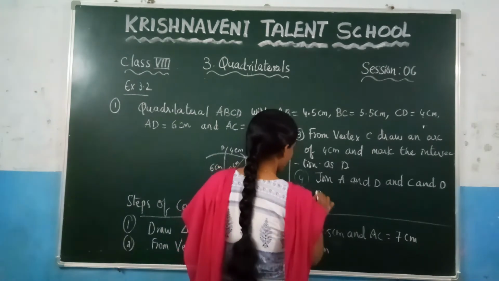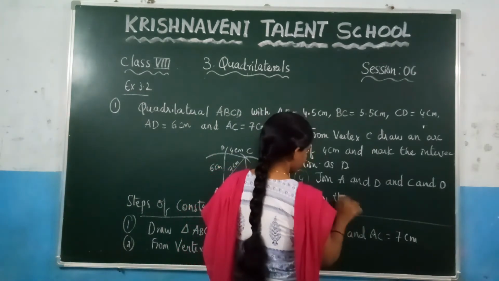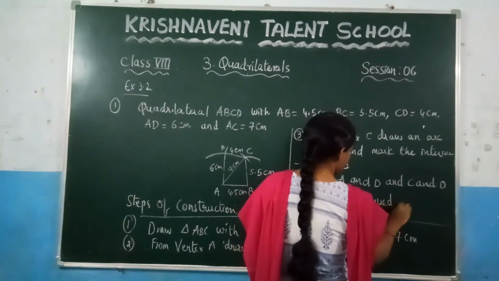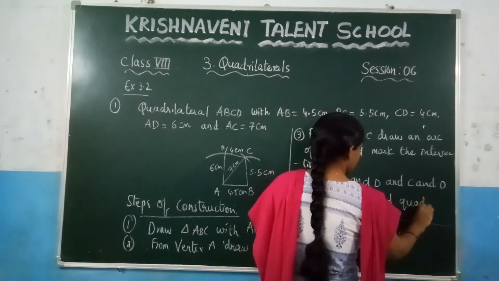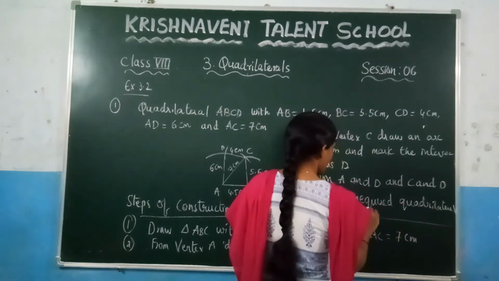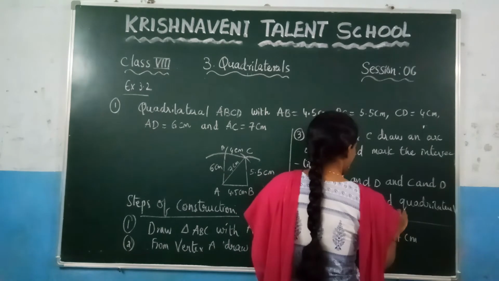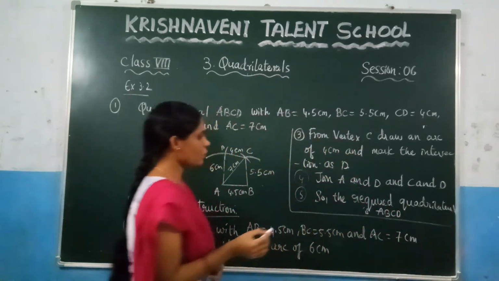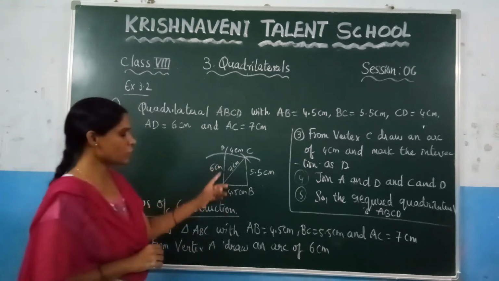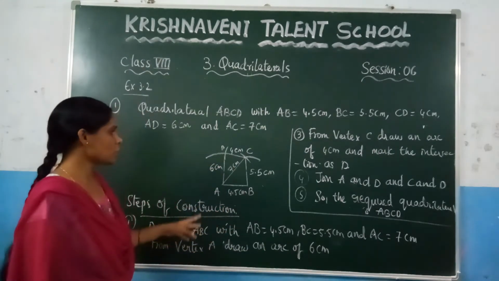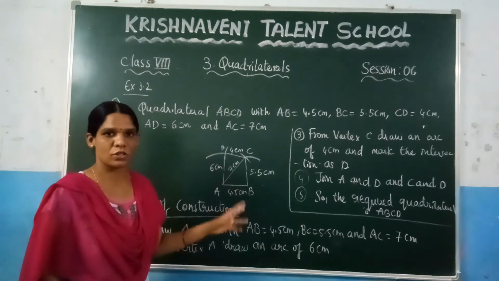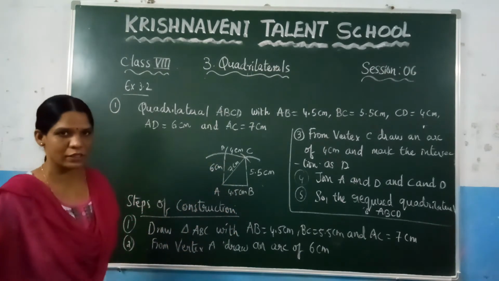So the required quadrilateral is ABCD. Like that you need to draw when you have given 4 sides and 1 diagonal. If you have given 4 sides and 1 diagonal, first you need to draw the triangle so that you will come to know the other vertices. That one you can mark it and after that join it so that you will get the required quadrilateral.